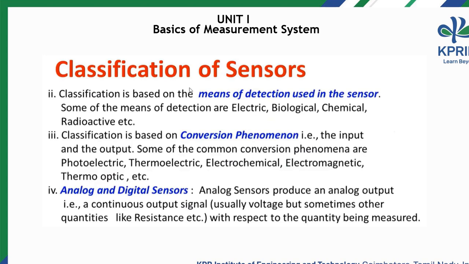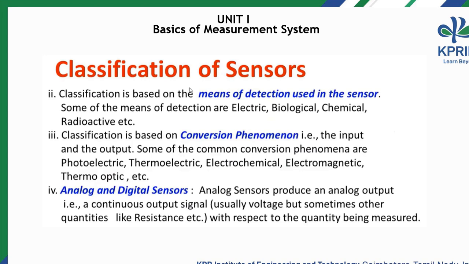And next we can classify the sensor based on the conversion phenomenon, and what kind of input and what kind of output we are getting. Based on those, we can classify the sensor.